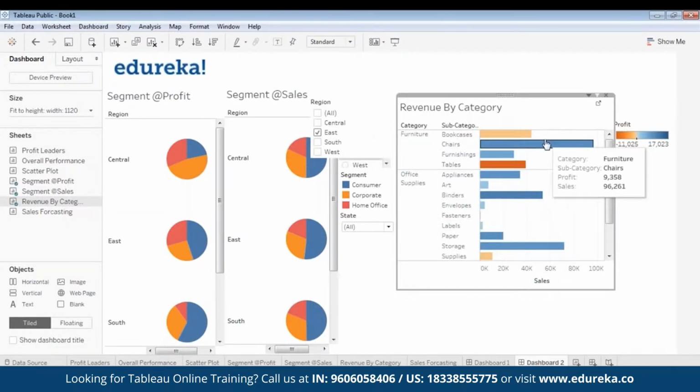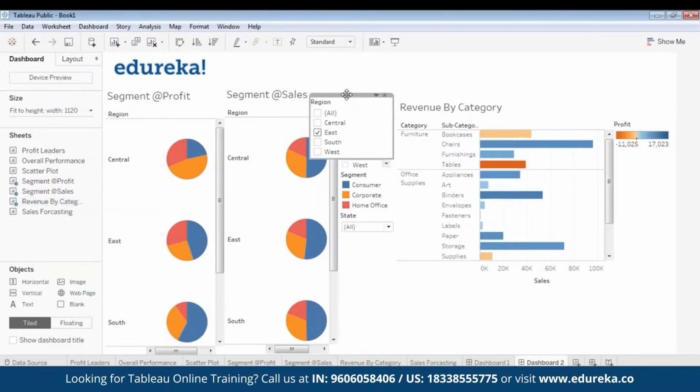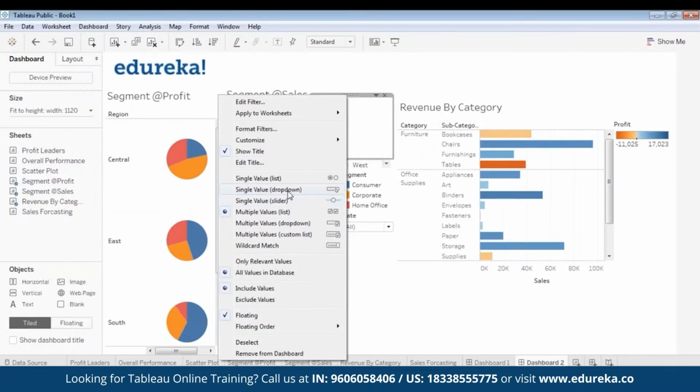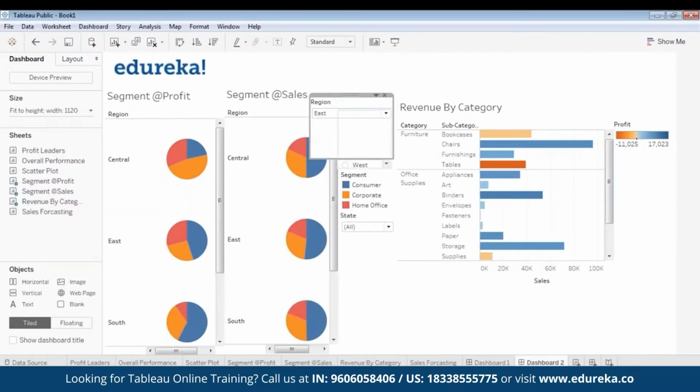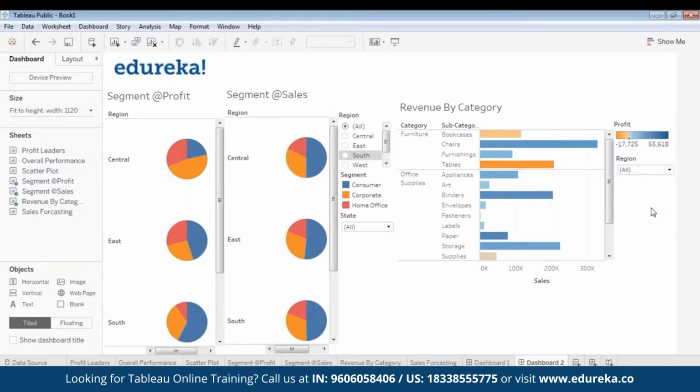Firstly, I want my region to be there. Let me select this one. So guys, you have multiple options to choose, right? You can select the way you want to represent all.